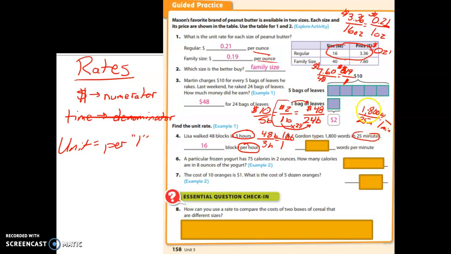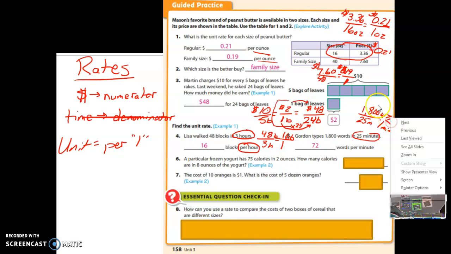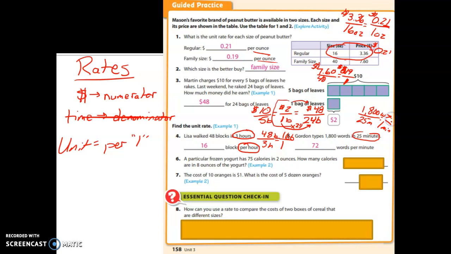You may not need it, but if you do, 1,800 divided by 25, the time was on the bottom, and you'll find out we get 72 words per minute. And once we know this, now it's really easy to figure out, well, how much in 2 minutes, 3 minutes, 4 minutes, 19 minutes, right? Because once we know how many in 1 minute, then we can easily figure out, well, okay, if 1 minute is 72, then if it was 8 minutes, 8 times 72, 9 times 72, but it always helps to go back to that unit rate, okay?